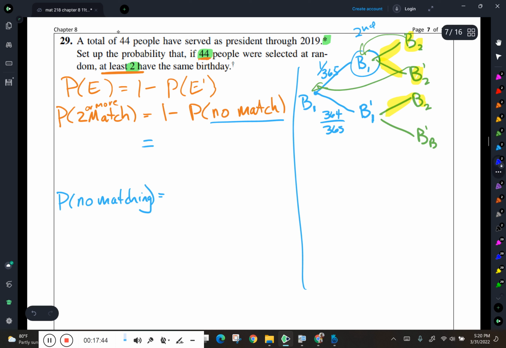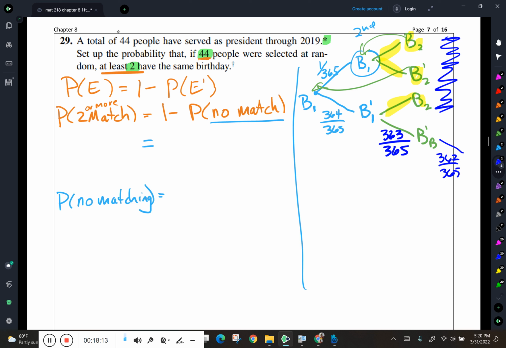But what I do know is there are 363 out of 365 ways that it won't match. And if I add another person, a fourth person, there's going to be lots of things up here that I don't know, but I know this. I know there'll be a 362 out of 365 chance that it won't match.